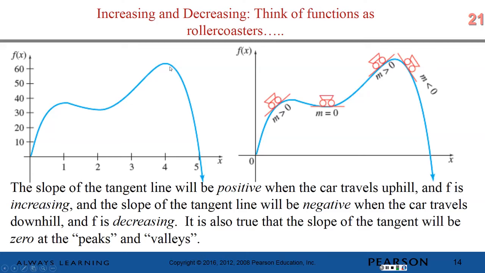This function has another critical number at about positive 4, because that's where it's hit another peak. And that critical number is 4, I'd say about 65. Its critical point has both coordinates, but its critical number is the x number.